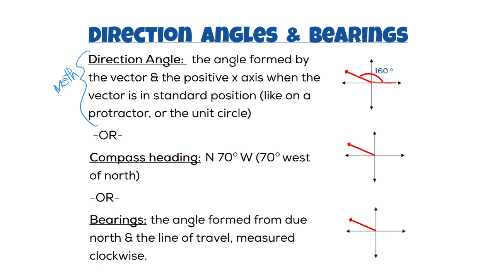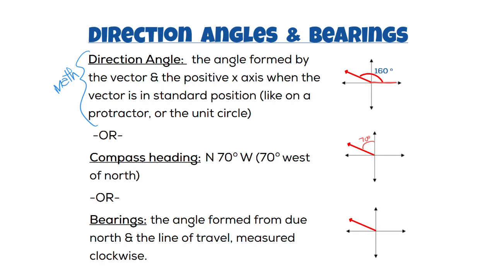So this right here is due north, and I am 70 degrees west of that. You can see all three of my vectors are the same vector. It's just that I would be representing them as a 160, or a 70 written this way, or the third one here.